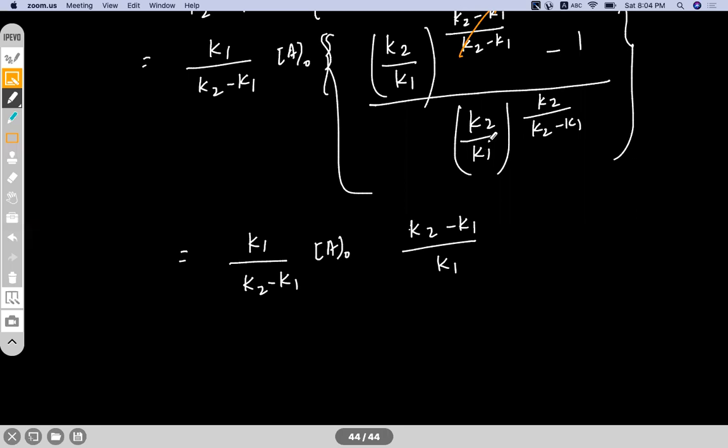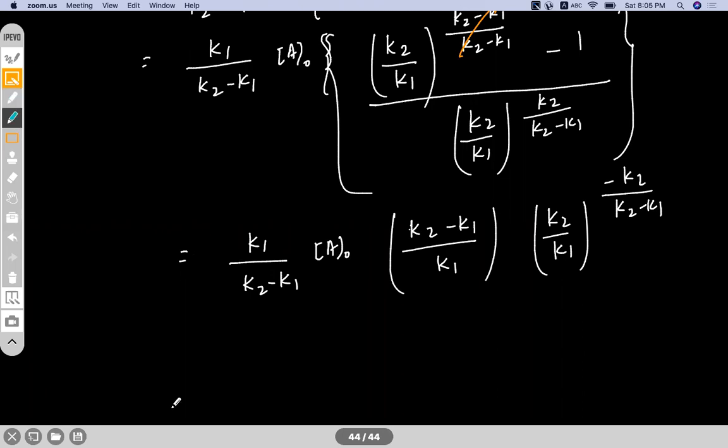We can write this as K2 by K1 in the numerator, whole to the power minus K2 by K2 minus K1. Fine. I have taken this in the numerator, so there is a negative sign here. This LCM you take, so K2 minus K1 by K1 is this. Correct, no doubt, right? This K1 will get cancelled, K2 minus K1 will get cancelled.